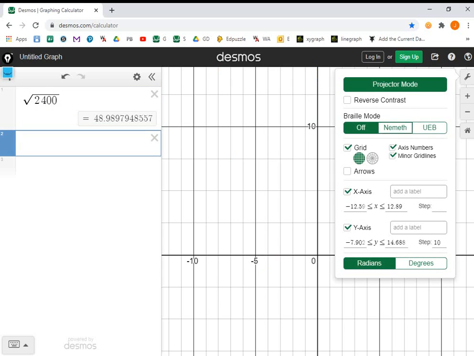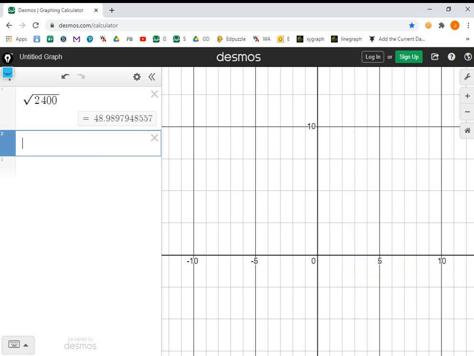Now, that's not my factor, but that's a starting point. The next thing you're going to do is round that number either direction, up or down. Round it up. So you're going to take 2400 and divide it by that number rounded up. So divide by 49. And I'm going to see, did it give me a whole number?